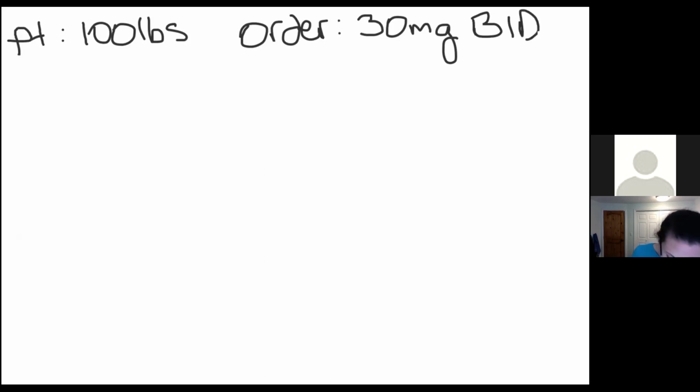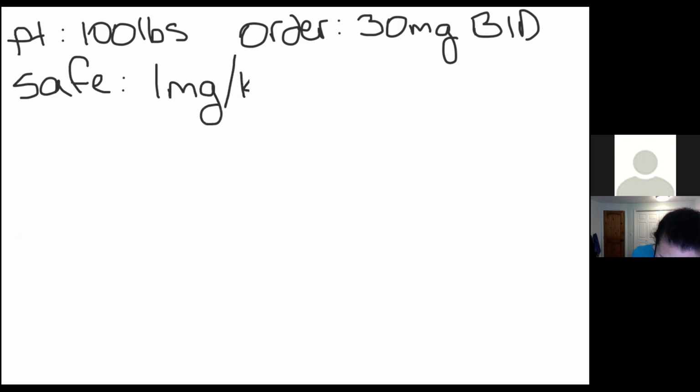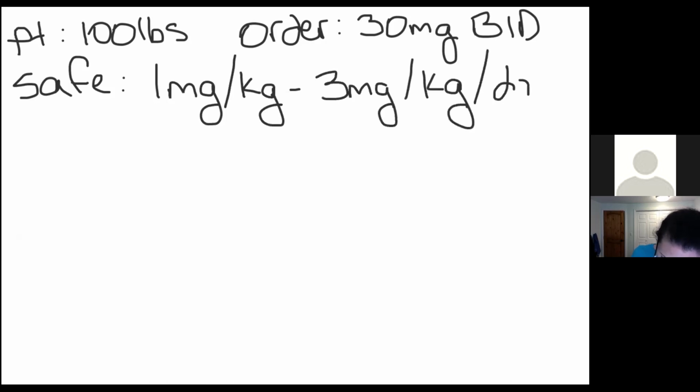And if I look into my literature on this particular medication, my safe dosage range is 1 milligram per kilogram to 3 milligrams per kilogram. Let's say this says per day.